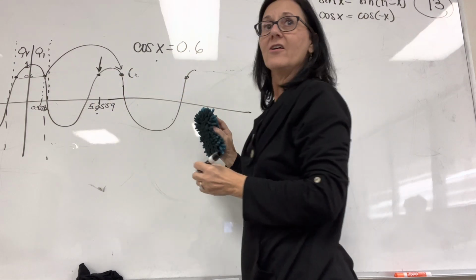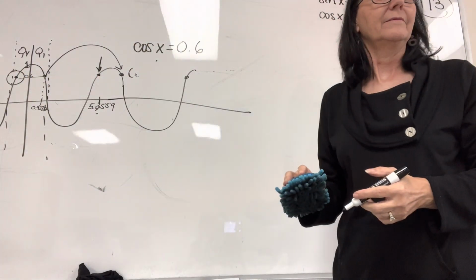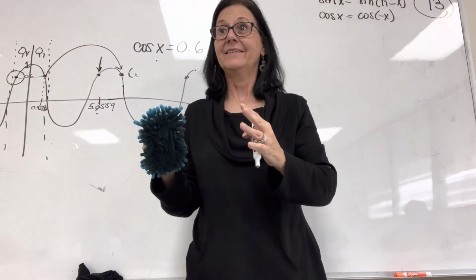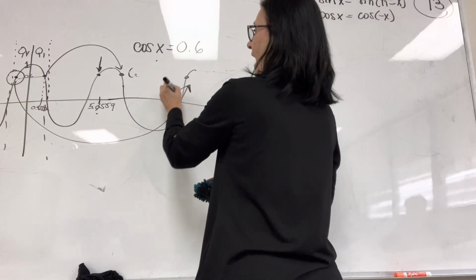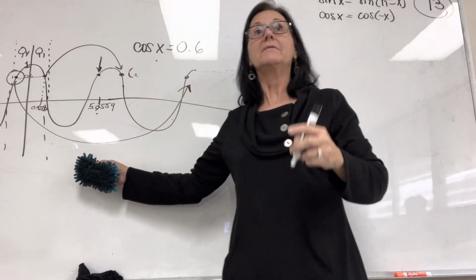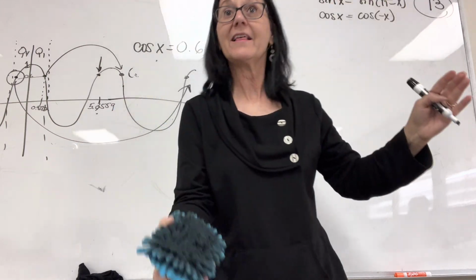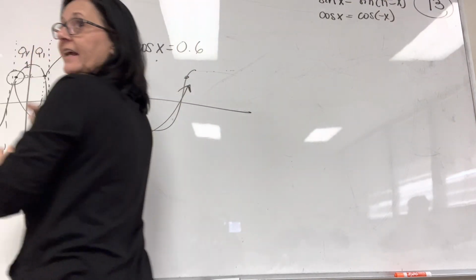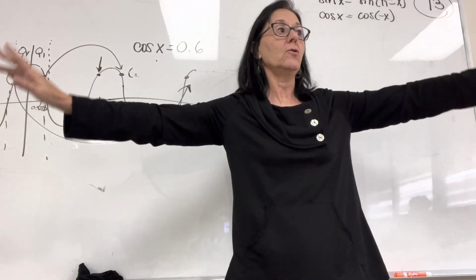To get from here to here, I'm going to add 2 times 2 pi, or 4 pi. It repeats it. Do you see that? So by covering these two, both the positive and the negative, and adding 2k pi, I've got every possible solution.